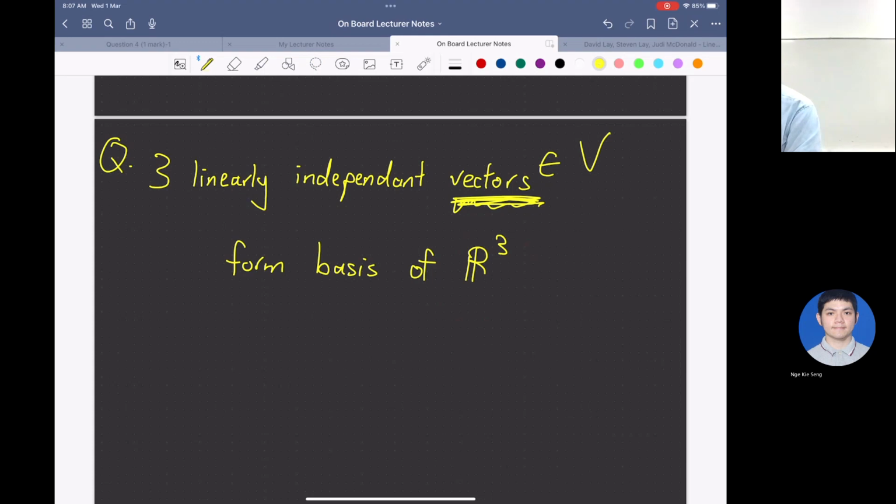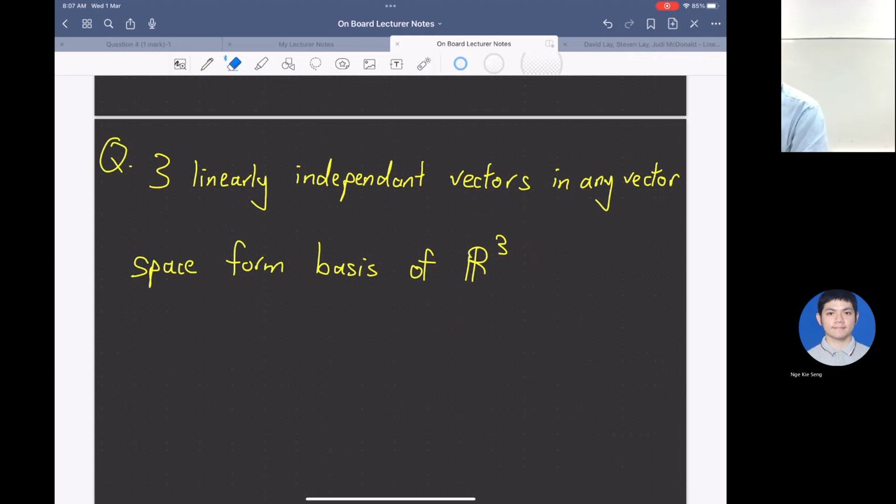arbitrary vector space. So does it form a basis for R3? Basis in R3?